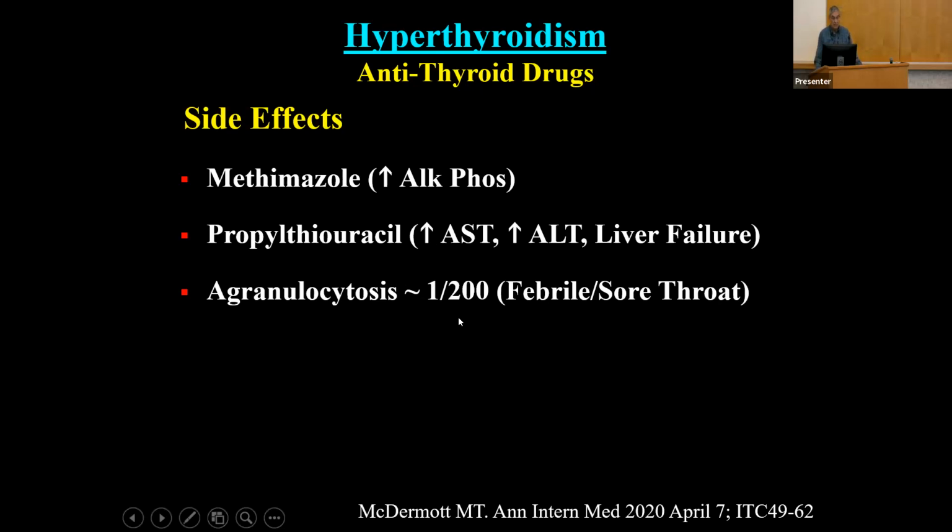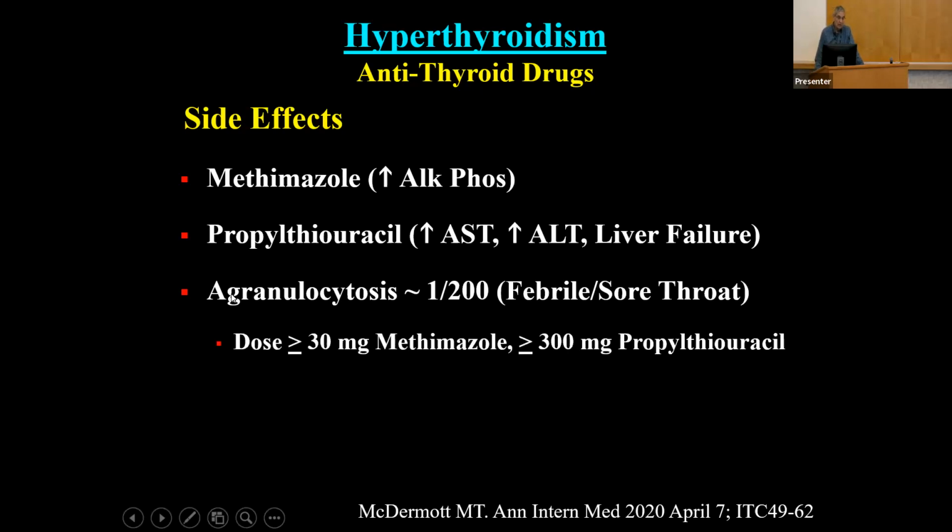Now, there was a study that did exit interviews on a large group of people who had Graves' disease to find out what they remembered from what the doctor told them. The thing that came in last place was this: if you get a fever or a sore throat, go get a blood count. So that was the thing people remembered the least.